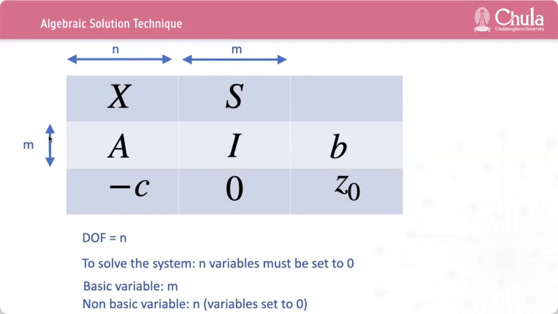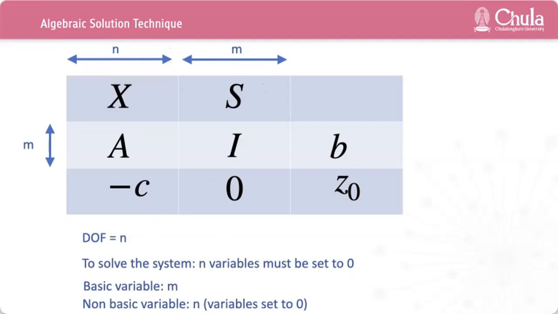We have only m conditions, so the number of variables we need must be m, not n plus m. So we separate our variables into 2 groups. The first group we call basic variables. The number of basic variables must be m, and the rest are non-basic variables.